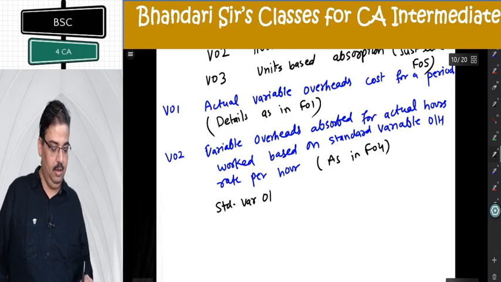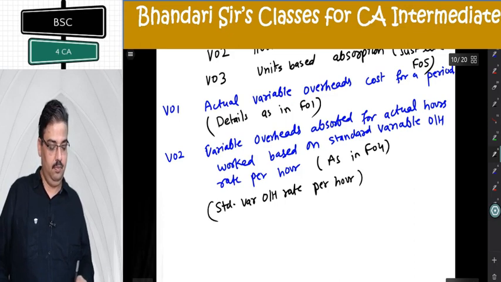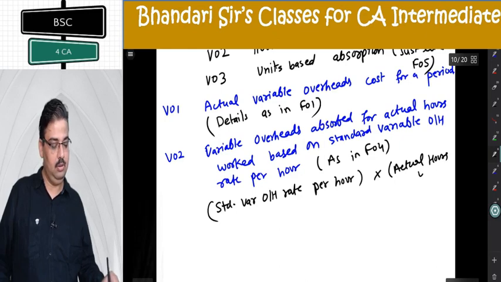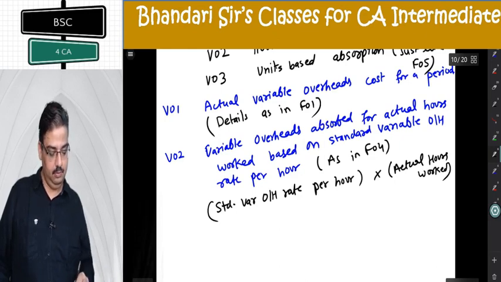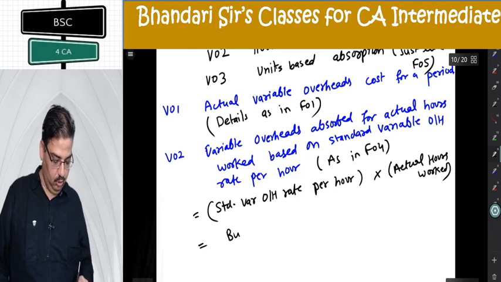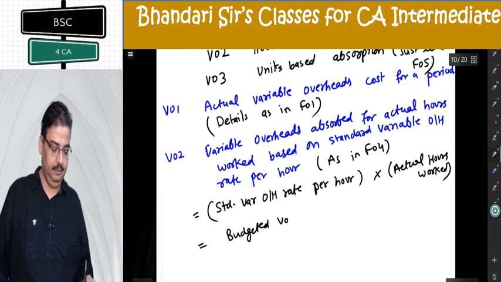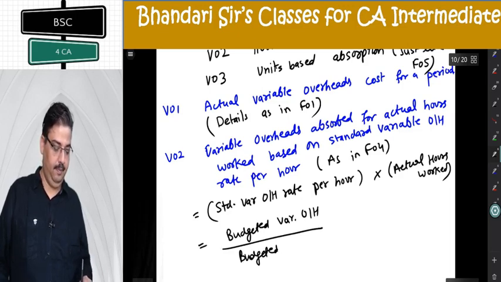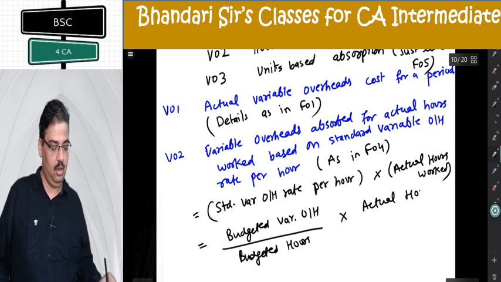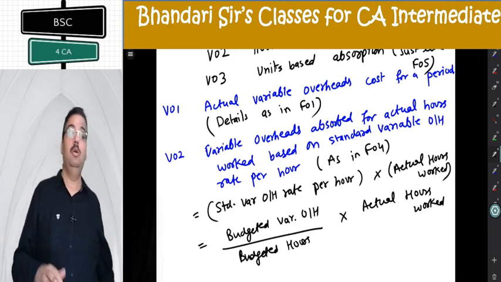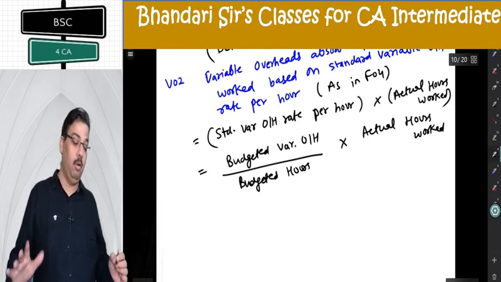Standard variable overhead rate per hour multiplied by actual hours worked. This is equal to budgeted variable overhead divided by budgeted hours multiplied by actual hours worked. I have not done anything new. It is a carbon copy of FO4. Only thing is, here variable overheads are getting used.